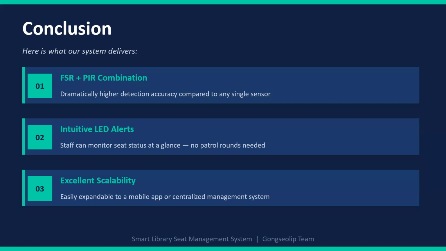The system can be implemented at very low cost, provides an intuitive user interface, and can be easily expanded into a centralized web-based control system and smartphone application in the future. We believe this solution can contribute to establishing a healthier self-study culture in university libraries and to improving the efficient use of shared resources. This concludes our presentation.